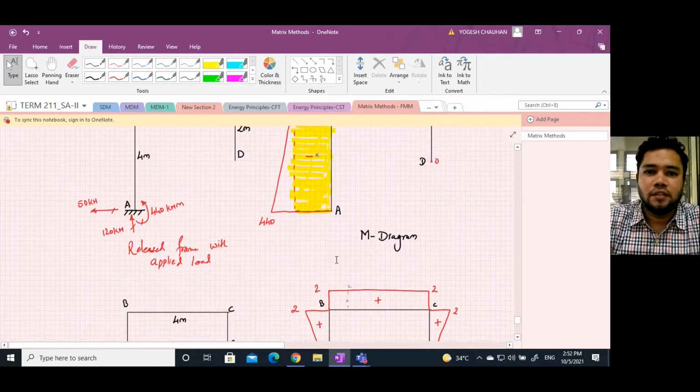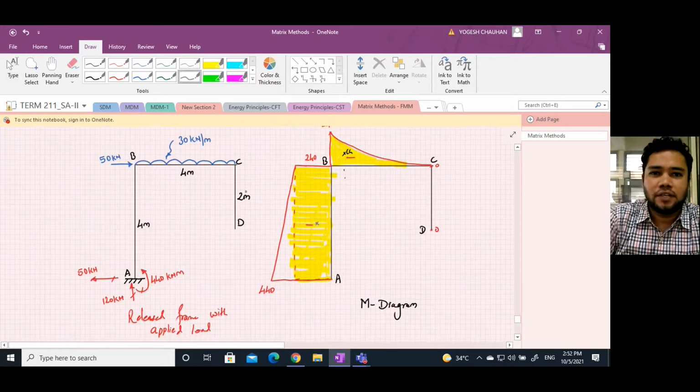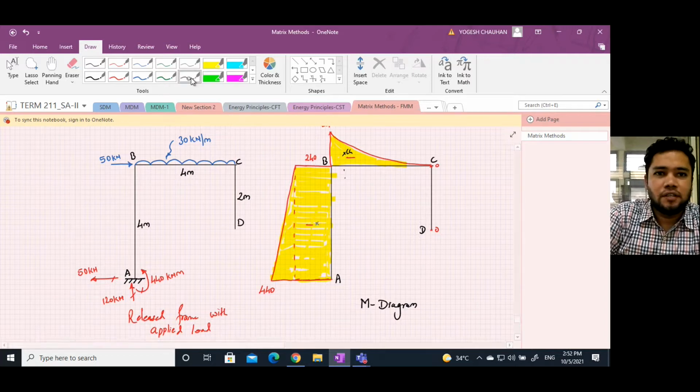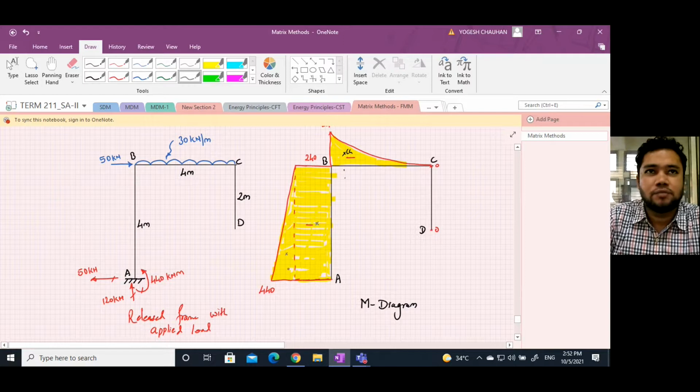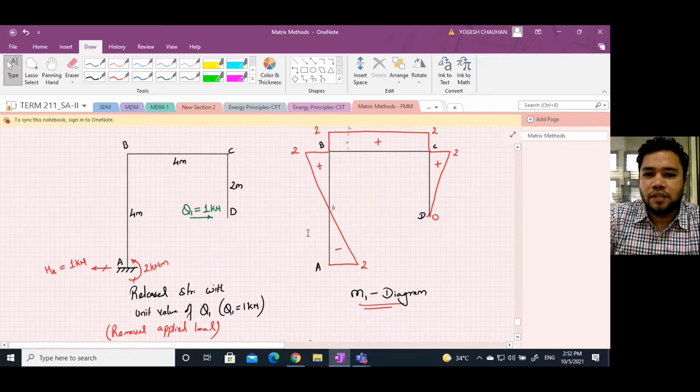Then the third part is this triangle. You take the area of the triangle, that is 1/2 base into height, and the CG of this triangle will be at h by 3, that is 4 by 3 distance from the bottom, from A. So you find the corresponding ordinate here.